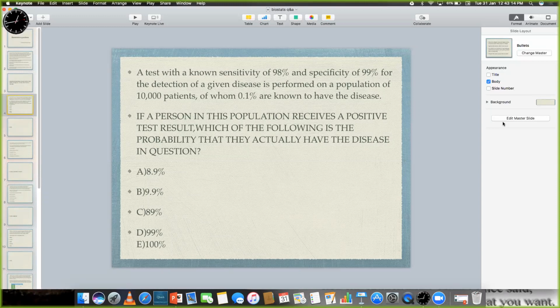So this column altogether constitutes 0.1% of 10,000, which is 10. If the whole column constitutes 10, what is 98% of 10? 98% of 10 is 9.8, which is A. And this is 0.2.